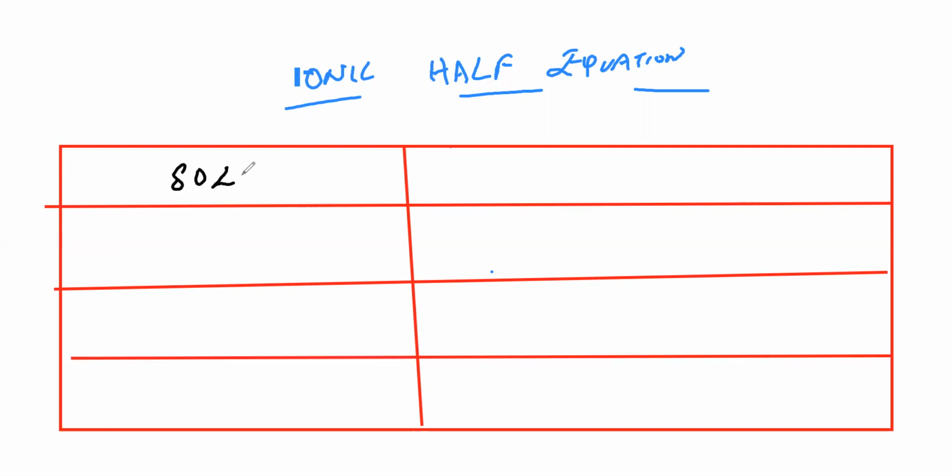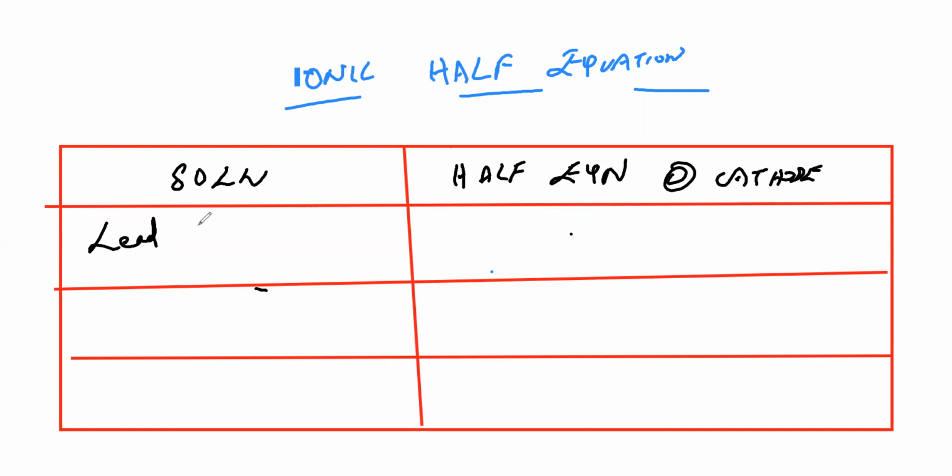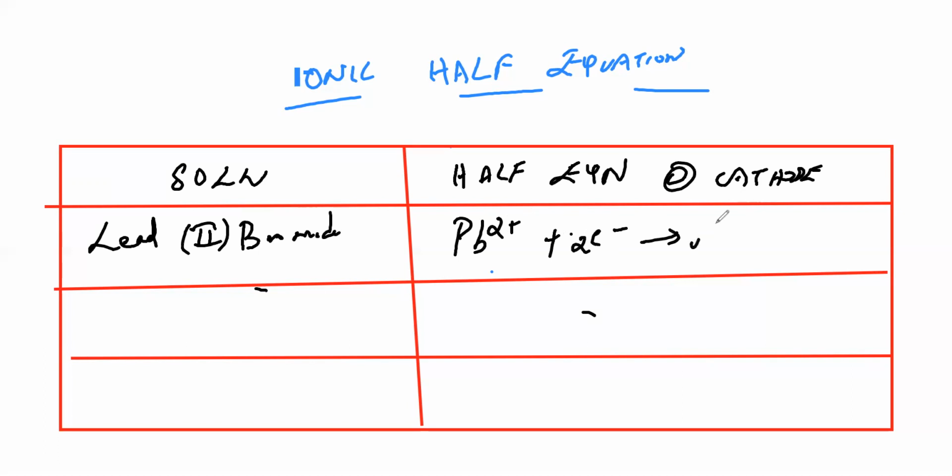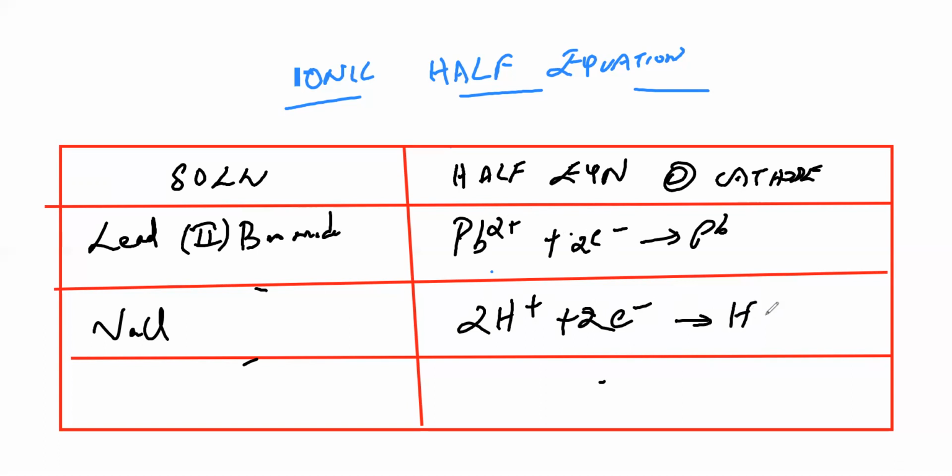So this is our solution and this is my half equation at the cathode. Lead bromide: at the cathode, Pb2 plus plus 2e minus will give Pb. Sodium chloride: at the cathode, 2H plus plus 2e minus will give hydrogen gas.